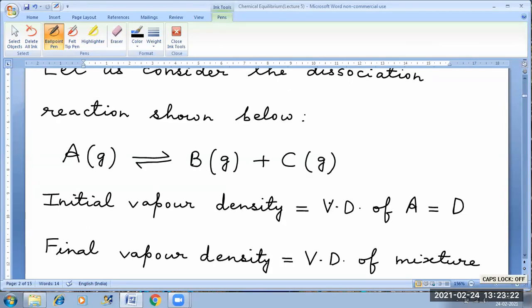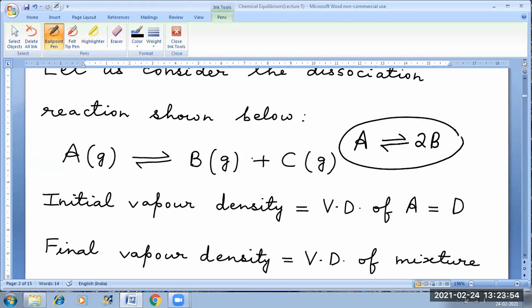The question is, if I have this particular process, I mean, if I have this reaction, is this similar to what we have written? So delta Ng is same.